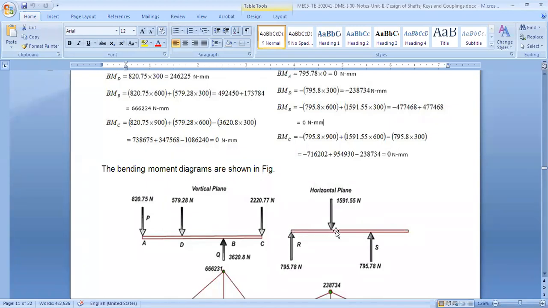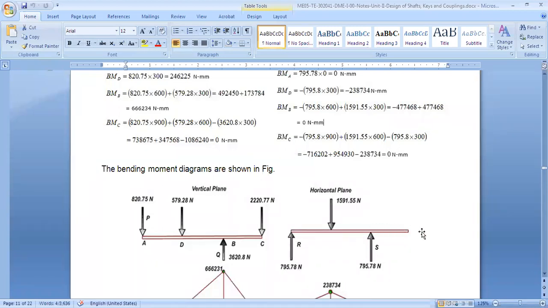Bending moment at D is 795 multiplied by 300, but this load makes it a negative bending moment, so minus 238,734. Bending moment at point B will be 795 into 600 minus 1591 into 300, so it will come back to 0.